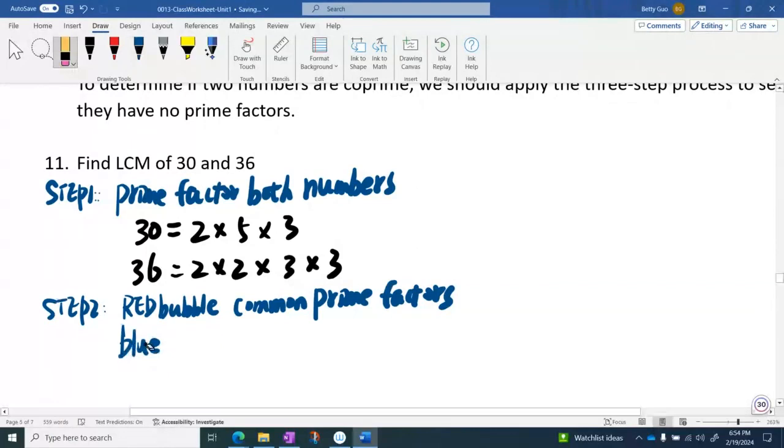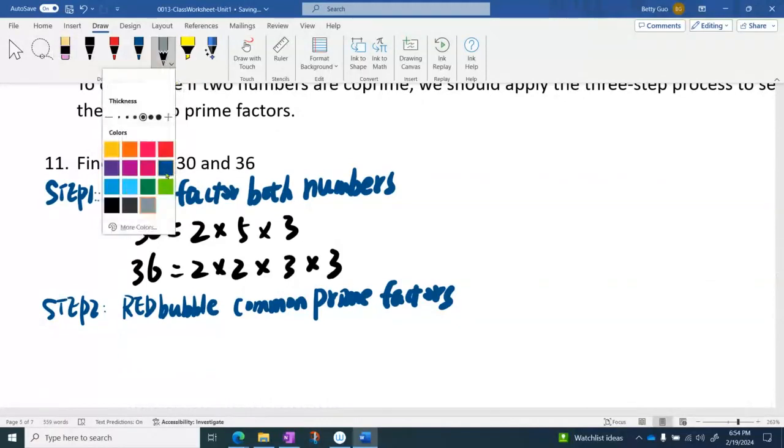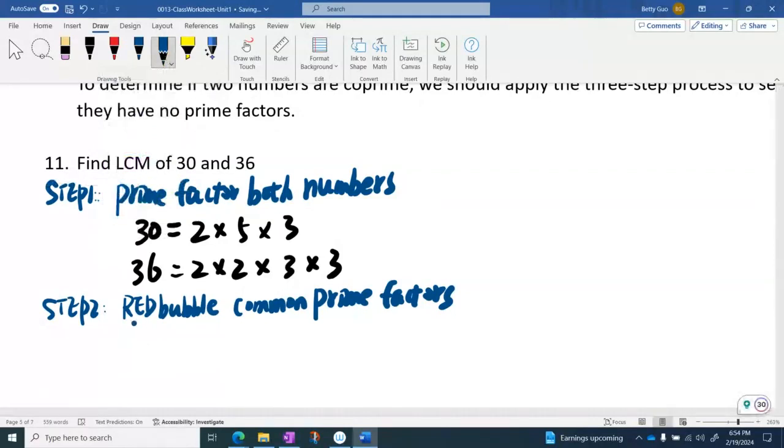No, we cannot use blue. Let me change this to green. The green color. Green bubble. Well, we can use a different shape. I'll explain what that means.